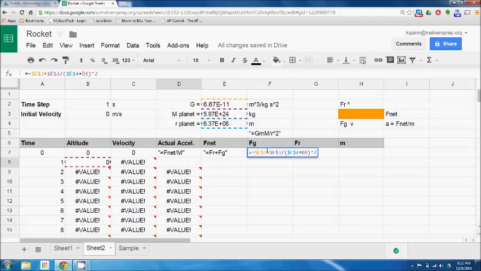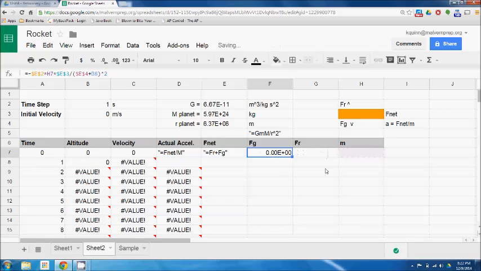G times M. Well, we didn't have M in there, so let's throw it in. Right between these two multiply signs, we're going to say H7. Current mass times mass of the planet, which doesn't change, divided by the radius of the planet plus the altitude. All set. This is exactly the way that we want it now.